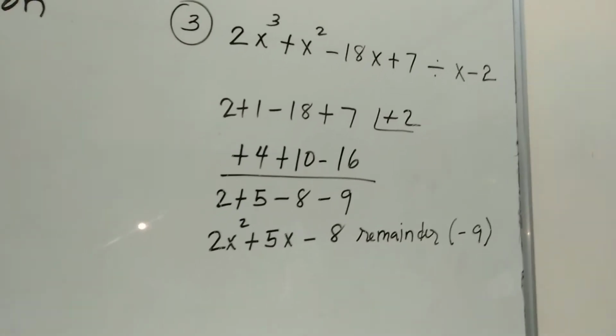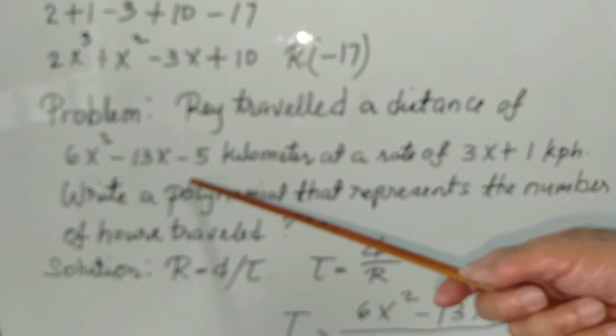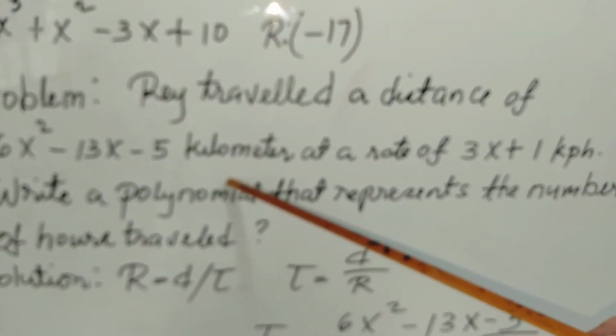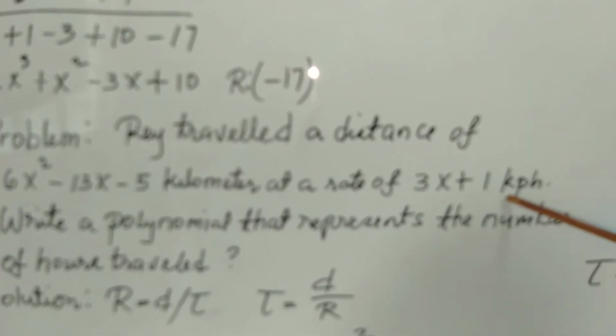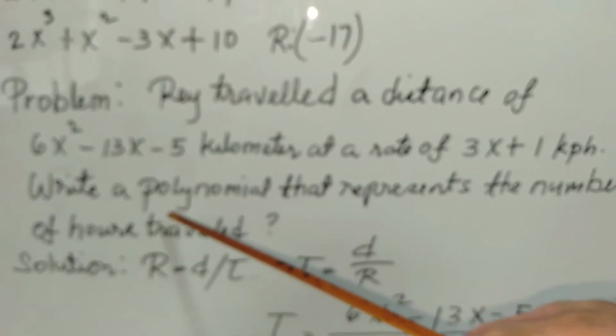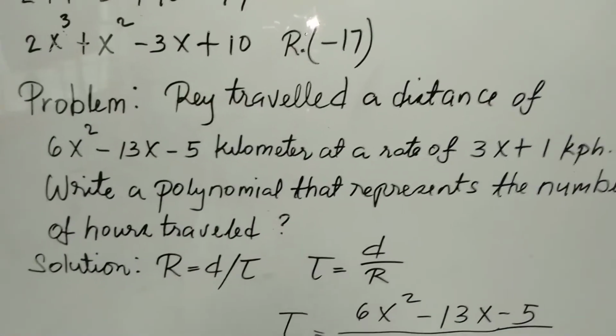We now have one application problem here. It says Ray traveled the distance of 6x squared minus 13x minus 5 kilometers at the rate of 3x plus 1 kilometers per hour. We write a polynomial that represents the number of hours traveled.